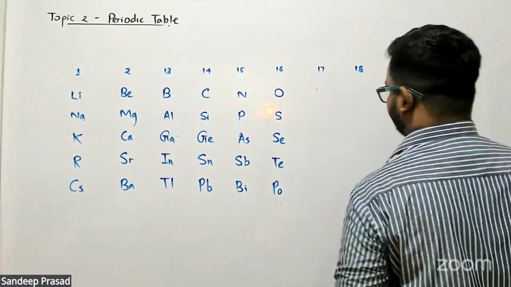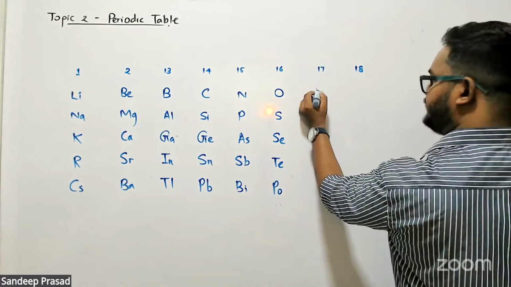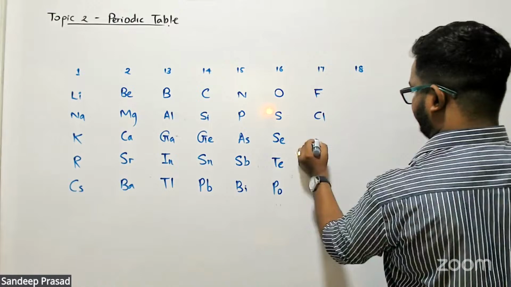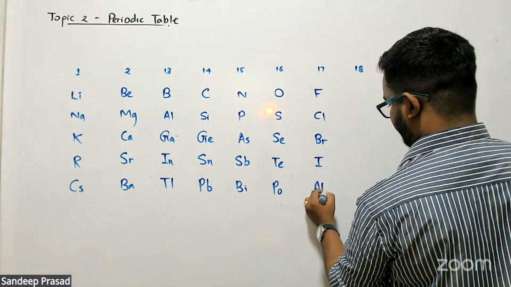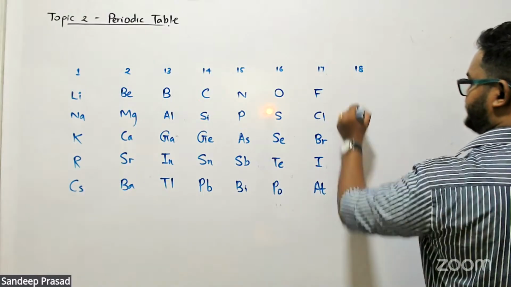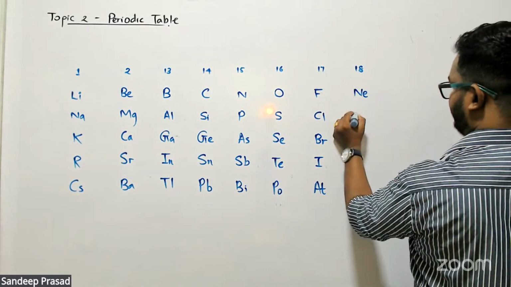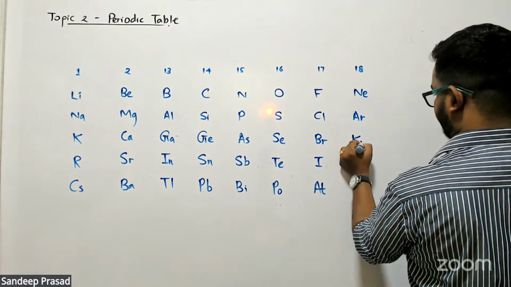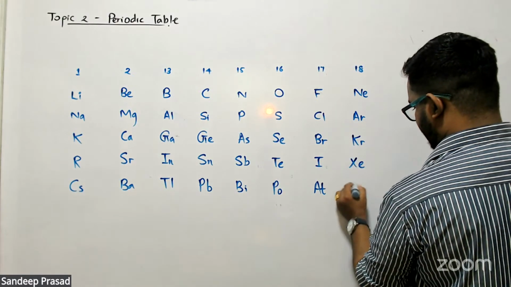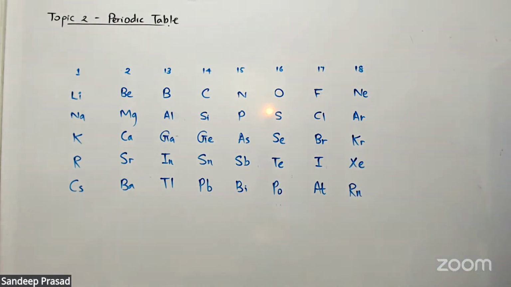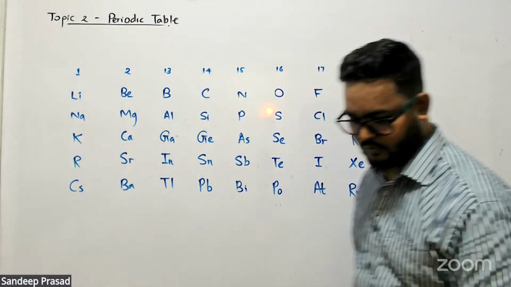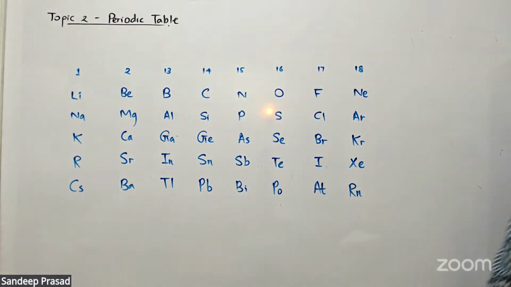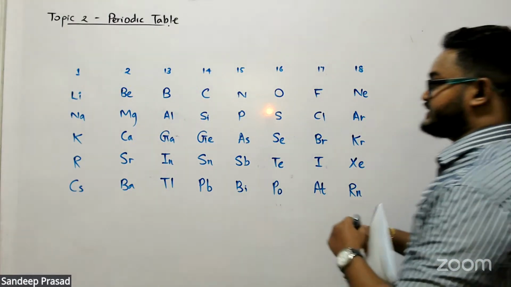Group number 17, fluorine, chlorine, bromine, iodine, astatine. Group number 18 has neon, argon, krypton, xenon, and radon. So we can classify the elements group wise in this way.